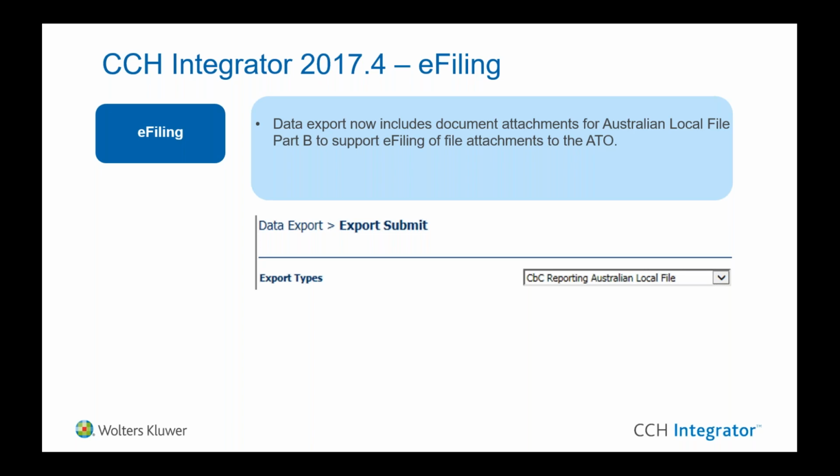It's always been the disclosures or the forms, say for the company tax return. There's never actually been previously a requirement to send through attachments to the ATO. However, with the introduction of the Australian local file, Part B, the requirement is to actually send those binary files through to the ATO. So we've facilitated that through the 2017.4 release.